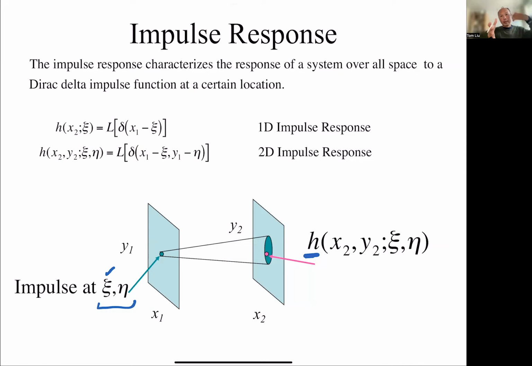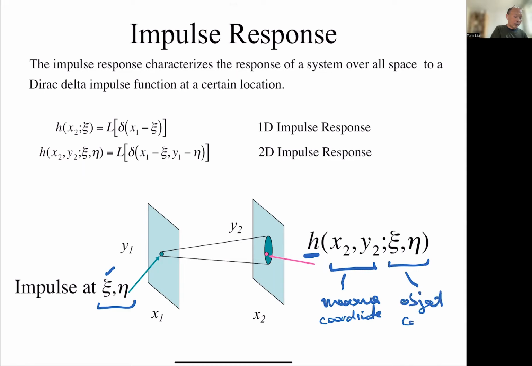So there's one coordinate system, x1, y1, for my object, and another, x2, y2, for where I'm actually making my image. This is saying that in general, we have to take that into account. So my impulse response is going to be a function such that it depends on the coordinate system where I measure it. These are the measurement coordinates. And it also depends on where the impulse was in the object. So these are the object coordinates.